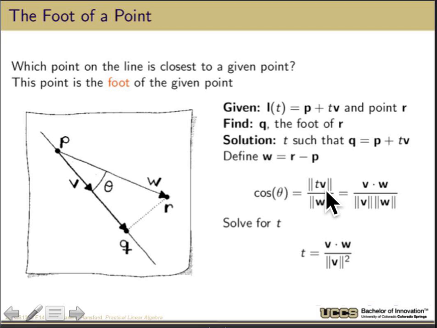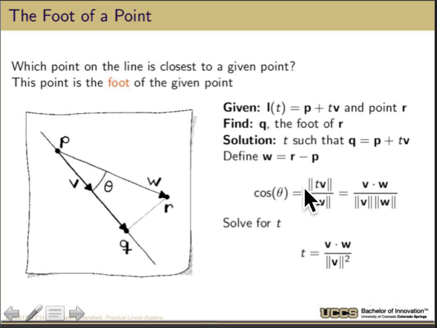We solve this, so now I can look at this as an equation. Magnitude of tv divided by magnitude of w equals v dot w divided by magnitude of v, magnitude of w. I can actually cancel the magnitudes of w as long as it's not 0, and then solve, and I'll get that t is equal to v dot w divided by the magnitude of v squared. Now to do that, I have to take t outside this magnitude symbol.